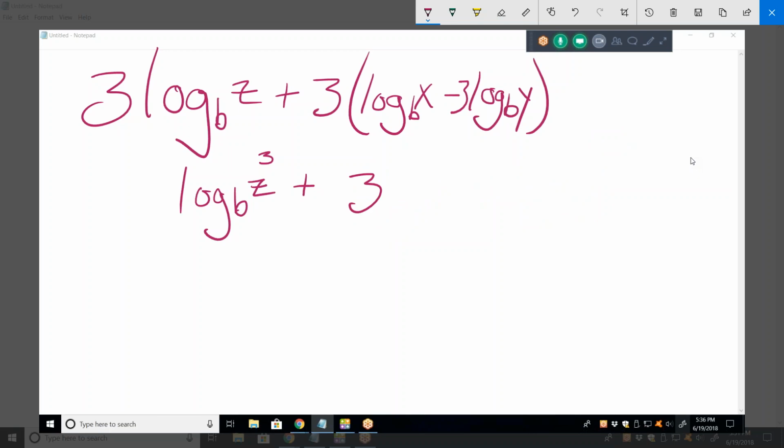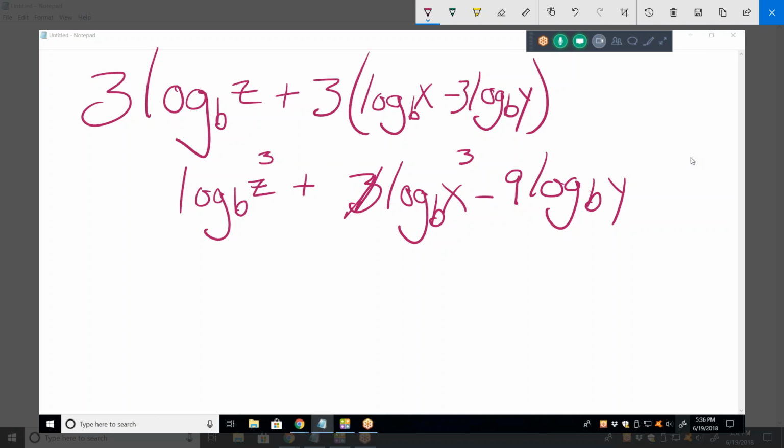So we have 3 log base b of x minus 9 log base b of y. Now we can take each of these terms, and I can take this 3, move it up to there, right? Yes. Take that 9, move it up to there. So now I have those.